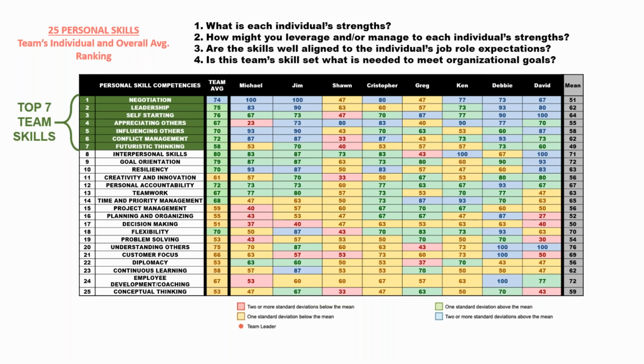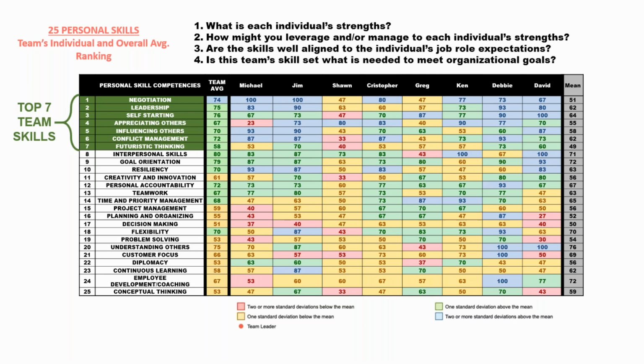So on everybody's DISC report, and this is sort of modified from what's on the actual team report, you have 12 competencies, 12 individual strengths. And they're rank ordered from 1 to 12, depending on the strength of that individual.